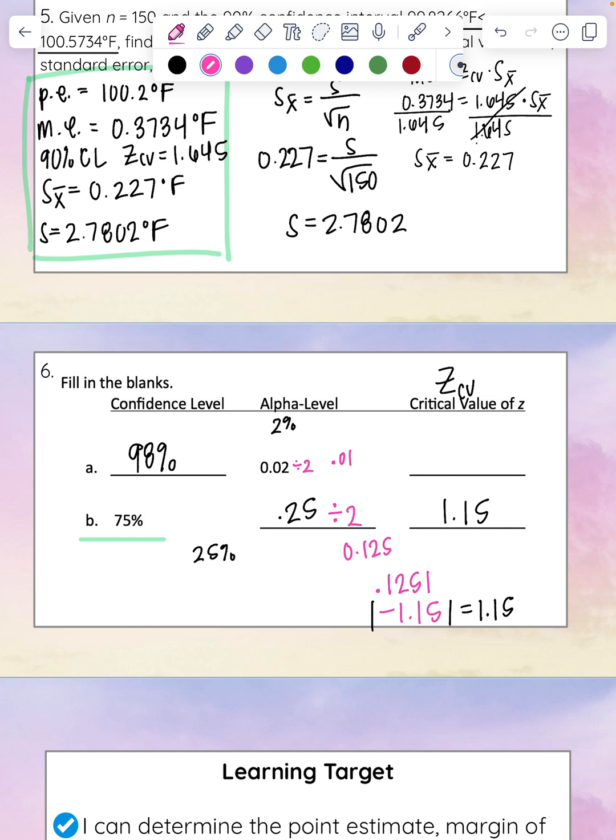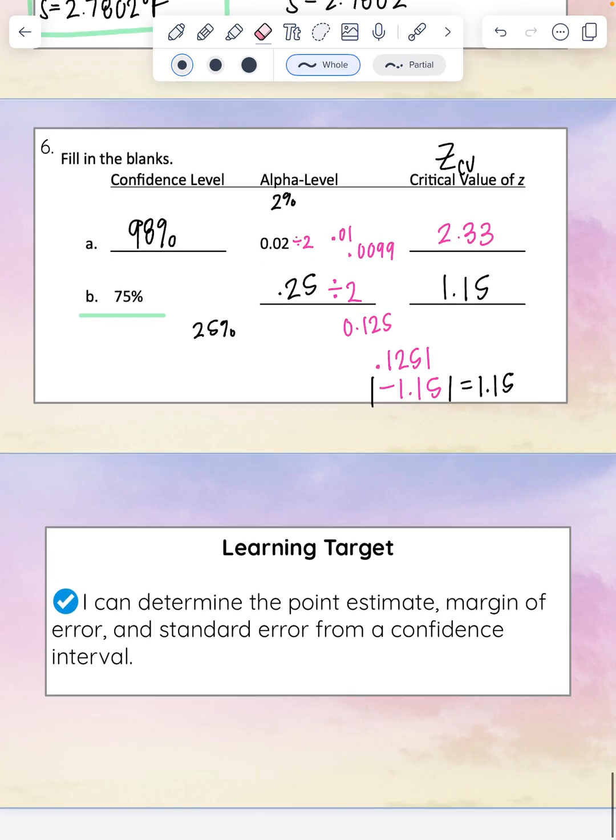I found 0.0099. That's going to be the closest to it. That z-score is negative 2.33, but let me take the absolute value to get 2.33. All right, and that is it for the first day of notes.